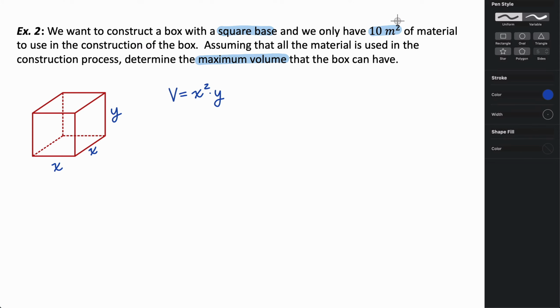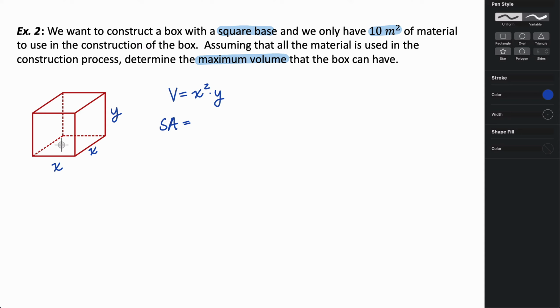Now, in this situation, we're also told that we have 10 square meters of material. So the 10 square meters of material are basically what we have to build the box itself. And so that represents the surface area. So what is the surface area? To find the surface area, we have to add the area of all of the faces of this box.